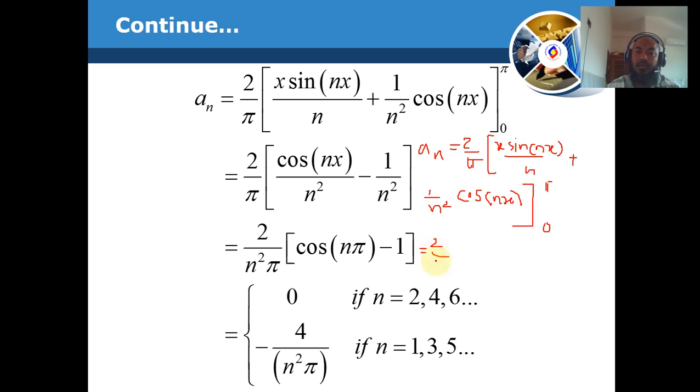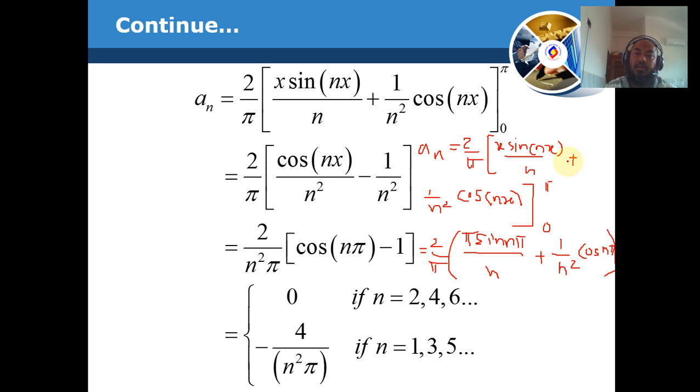So we got 2 divided by pi, so pi sin n pi divided by n, plus 1 over n square cos n pi, at 5. And how about 0?